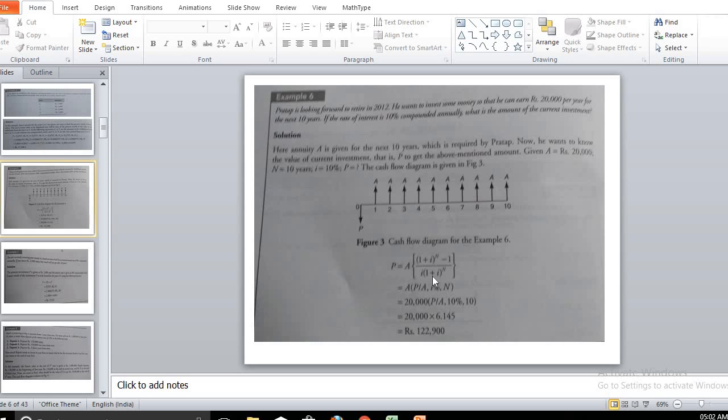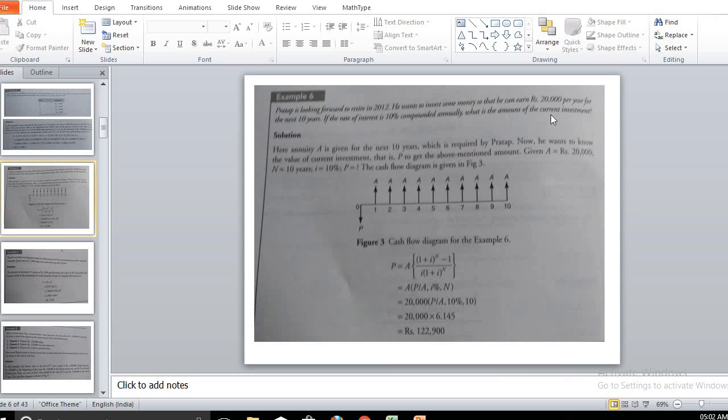Here the example is given as: Pratap is looking forward to retire in 2012. He wants to invest some money so that he can earn rupees 20,000 per year for the next 10 years. If the rate of interest is 10% compounded annually, what is the amount of that current investment?